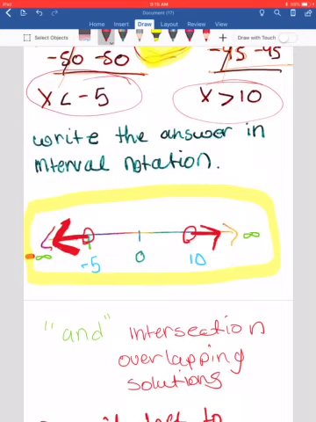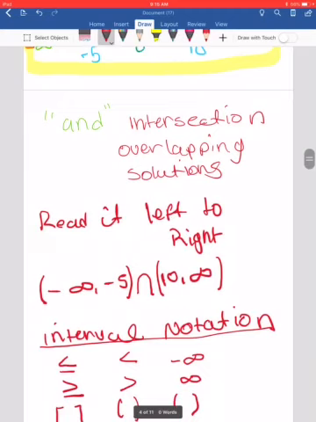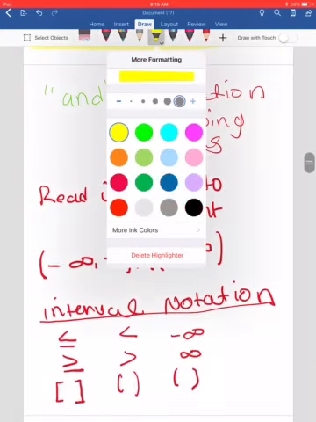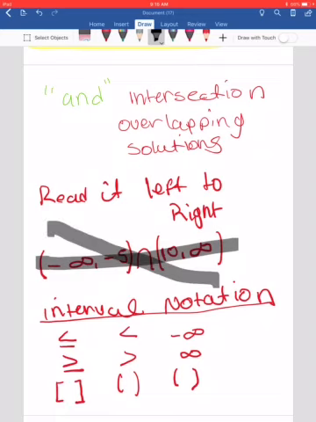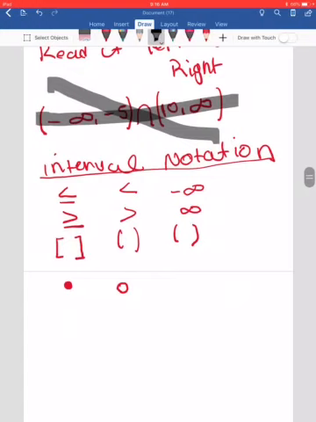Do they intersect? Do you see them overlapping? I don't see any of that. They're going in opposite directions. So this right here cannot happen. I cannot write it like that. You know why? Because there is no solution. There's no intersection between those two answers.